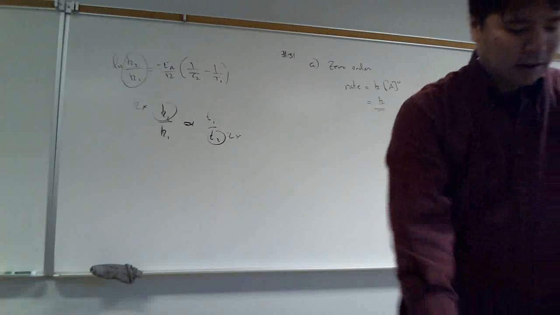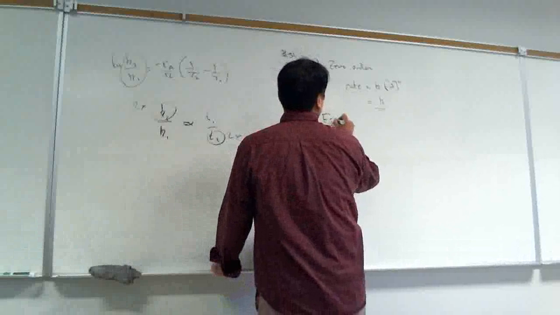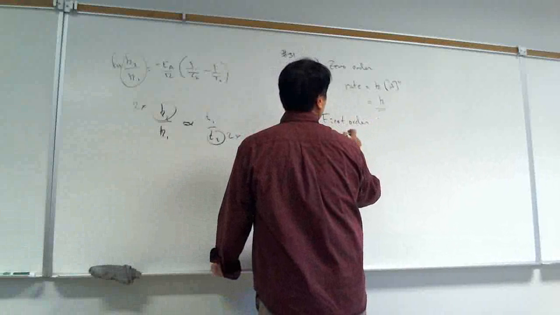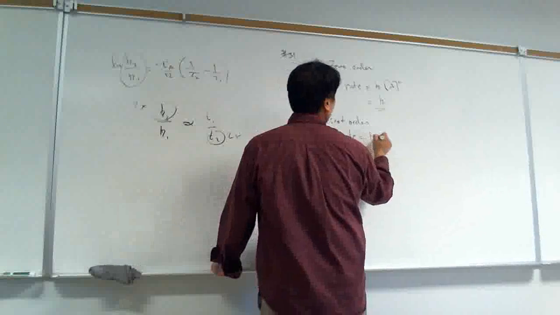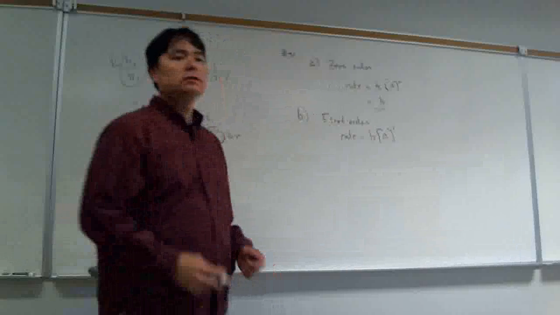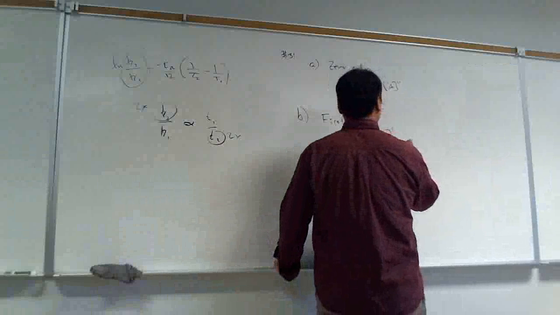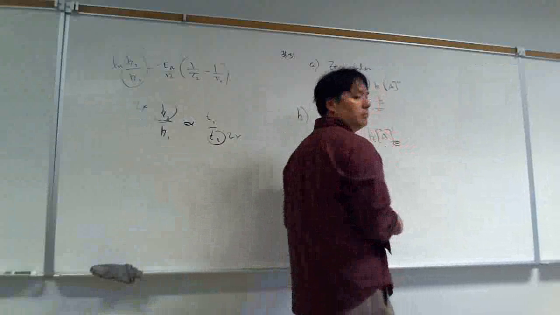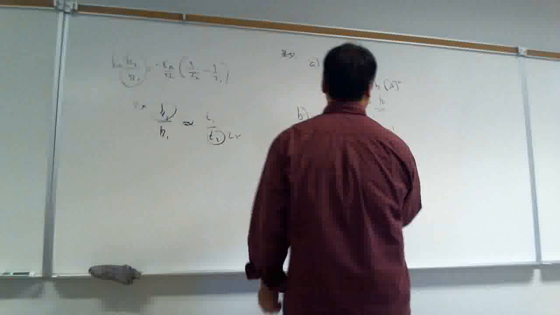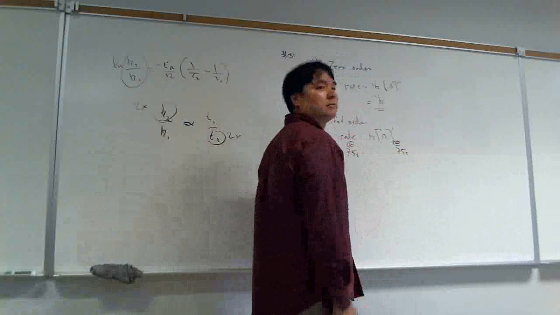For first order, the rate is equal to k[A]^1. What we want is the rate at 75 seconds, and therefore we have to find the concentration at 75 seconds.